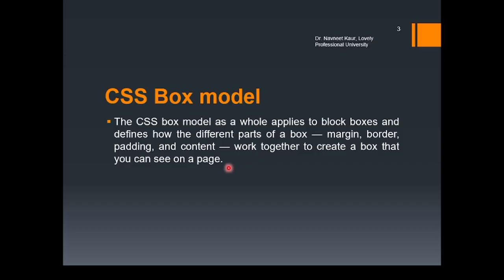So the main purpose of a CSS box model is to allow web developers and designers to control the size and the spacing on a web page accurately, and you can adjust the content size, padding, border, and margin properties. By doing this, you can achieve precise control over the layout and the spacing of elements on a web page. So let's consider the different parts of the CSS box model.